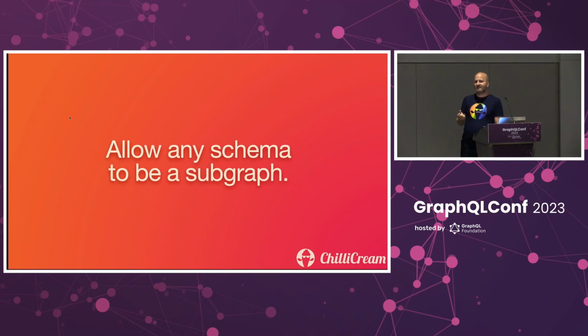It shouldn't be that you have to implement a protocol which actually creates a very bad GraphQL server just to create a subgraph. You should be able to integrate anything. If I wanted to have GitHub data, I should be able to just pull in the GitHub public subgraph. Not a good idea, by the way, but I should be able to do that, and it should compose and let me create a valid distributed GraphQL schema.